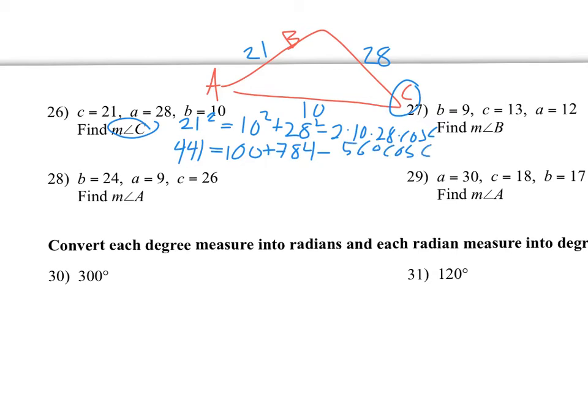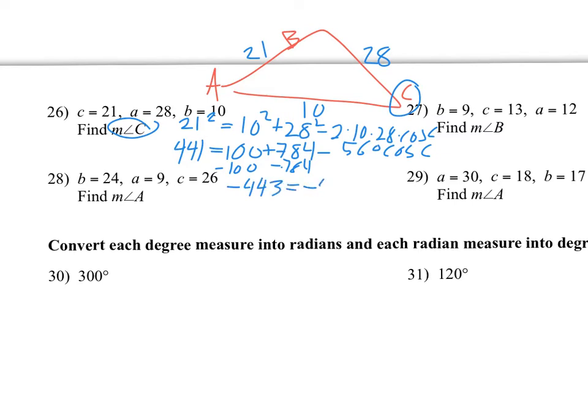We can't combine the stuff on the right side, so I'm going to subtract 100 and 784 to the other side. So that's going to be minus 100 to both sides, minus 784 to both sides, and 441 minus 100 minus 784 is going to be negative 443.